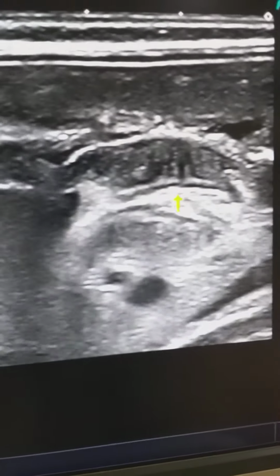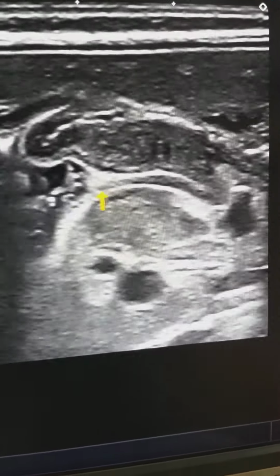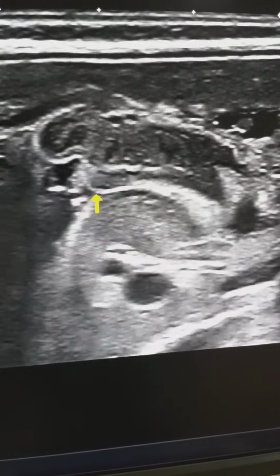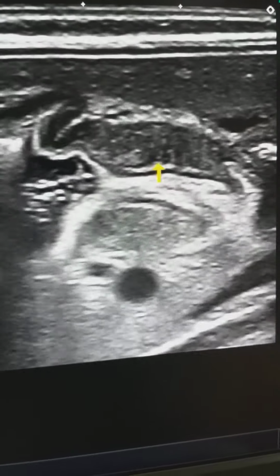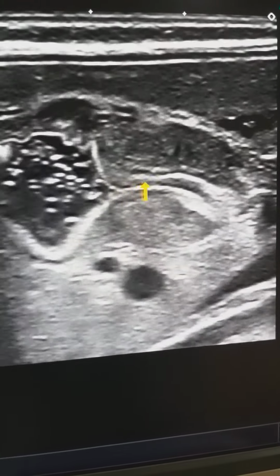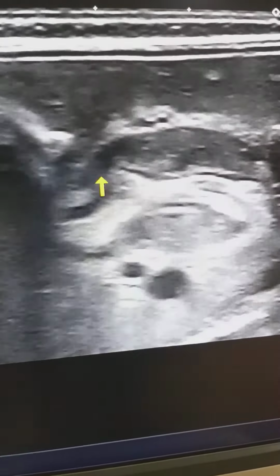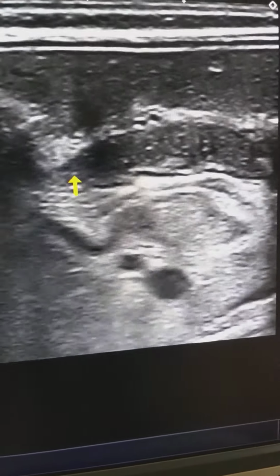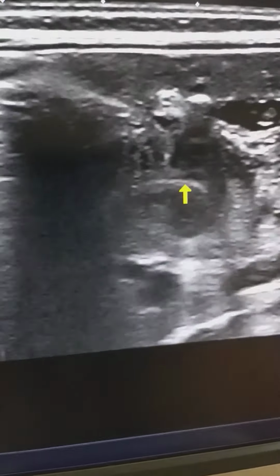This is the narrow lumen between the thick pyloric muscle, and see here it is stuck, it is not moving ahead. Fluid is not moving. There is no free passage of fluid through this pyloric canal, which is like a string.